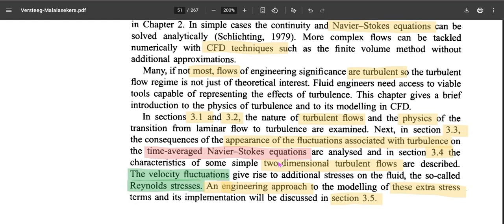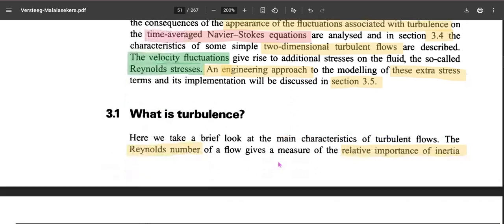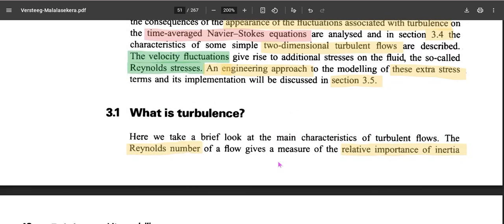Section 3.5 is going to describe how we are going to close this time-averaged Navier-Stokes, because in a normal Navier-Stokes equation, extra terms like stress tensors are closed by a constitutive relation. Similarly, we will see how these extra stresses due to velocity fluctuations can be closed, and we are going to derive a closed form of the time-averaged Navier-Stokes equations. So this video is going to be about the generality of turbulence.